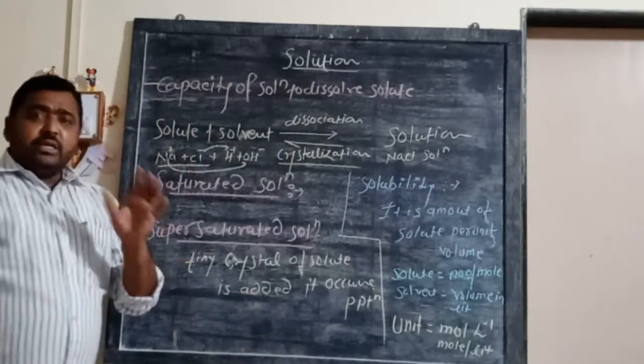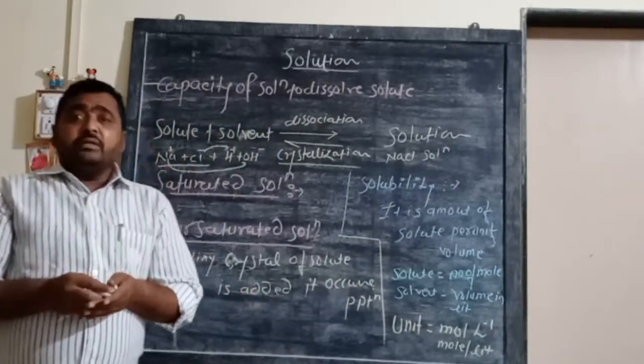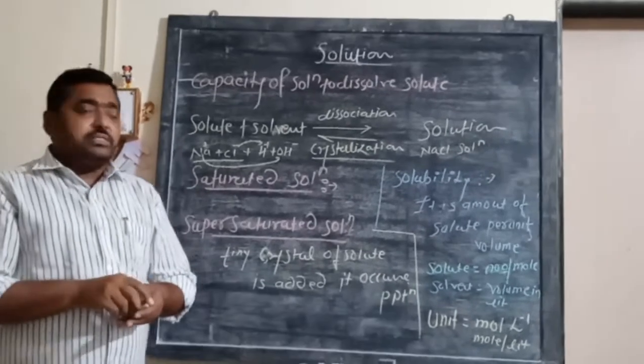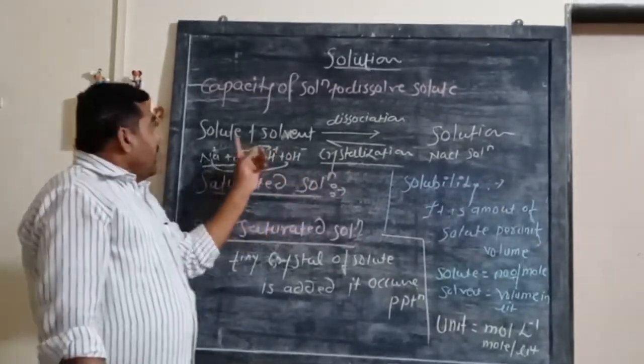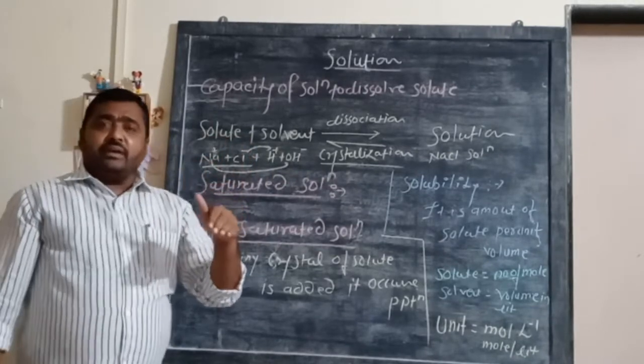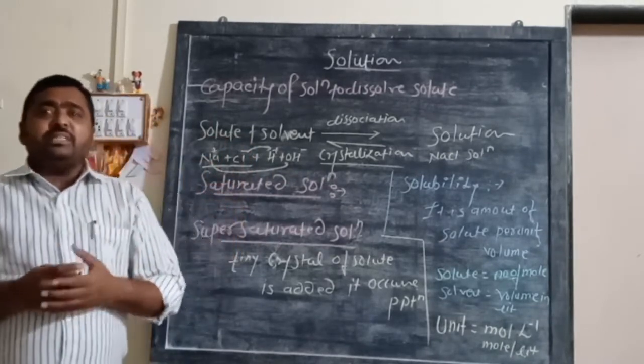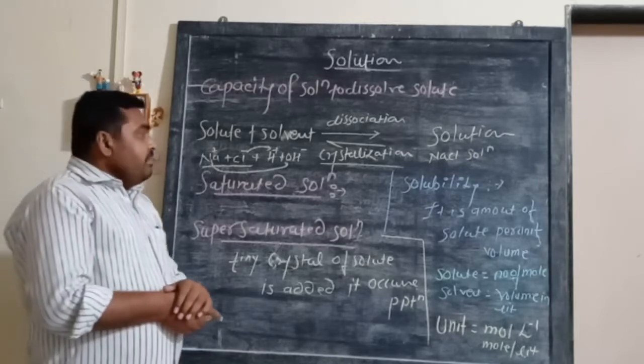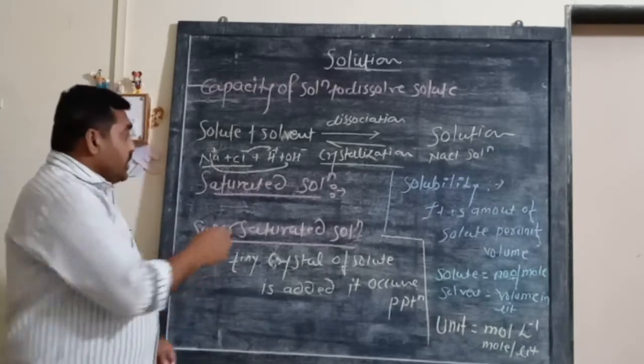After some time, once the solution is prepared, recrystallization or crystallization takes place. The solution again gives solute particles, which means precipitation or crystallization takes place. Then what is meant by a saturated solution?